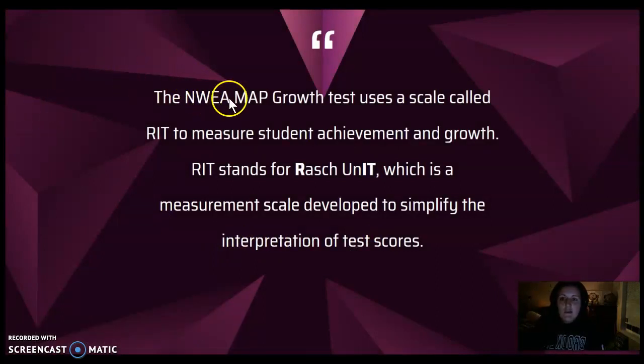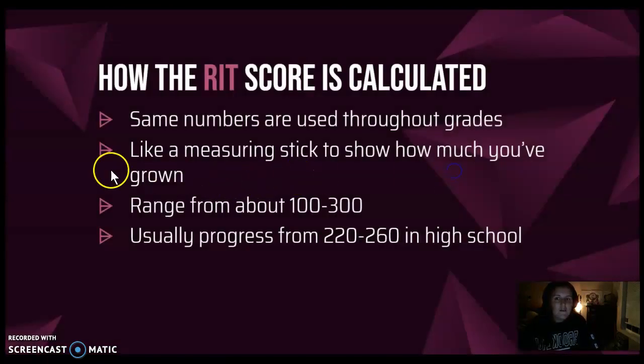It says the NWEA MAP Growth test uses a scale called RIT to measure student achievement and growth. RIT stands for Rasch Unit, which is a measurement scale developed to simplify the interpretation of test scores. Well, I don't know about you, but there is nothing simple about the RIT score. That's why I'm explaining this to you right now. Let's continue.